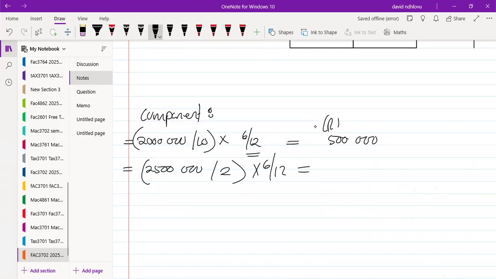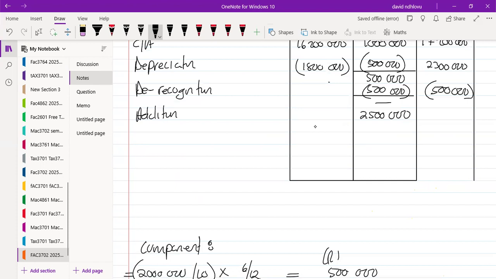So we say 2500 divided by 2, divided by 2, and then we're going to have 625,000 here. So this is the value that we have. So therefore, we have an additional amount of depreciation here. So again, this is depreciation, all in the current year. And then we can close and we have our figure.